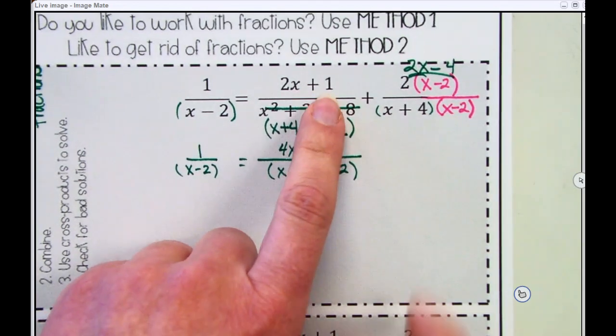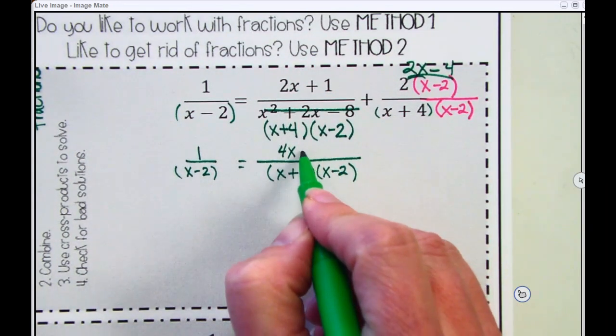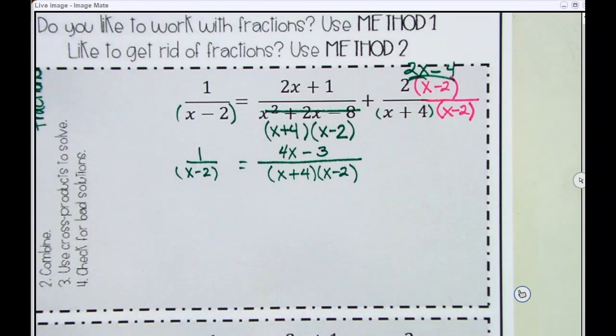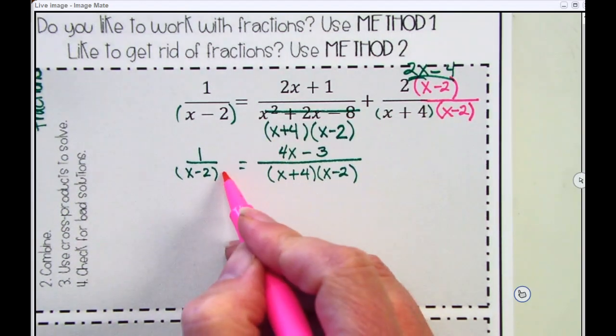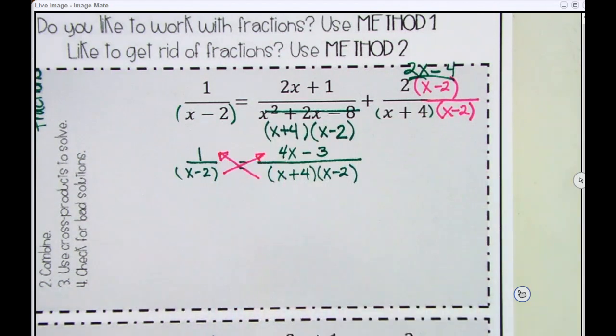And I have 1 plus a -4. Now I have a fraction equals a fraction. A proportion equals a proportion. We haven't done anything this ugly, but isn't the easiest way to solve when we have a fraction equals a fraction to cross multiply?